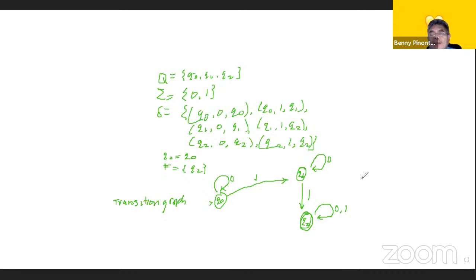Okay. Now, so what is the language? The language of this automaton is the set of all accepted words.